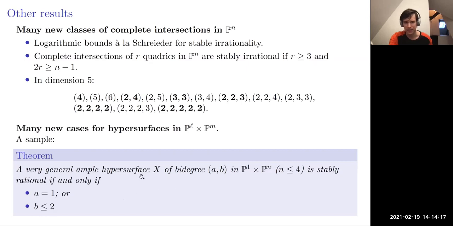In that case, X is a quadric bundle over P^1, so again it's rational by known results on quadric bundles over P^1. So basically you have these 2 obvious cases that have to be dealt with. Those are rational, and all of the other ones are irrational or stably irrational.